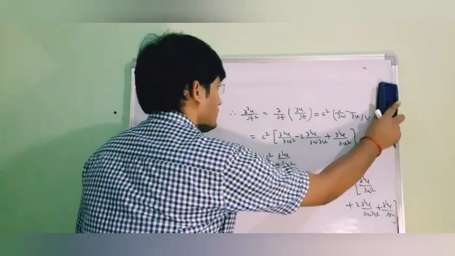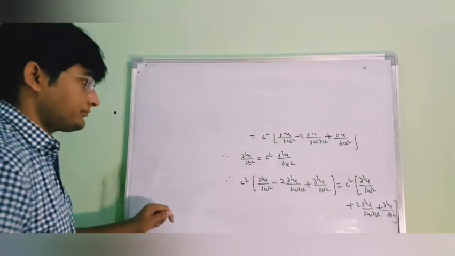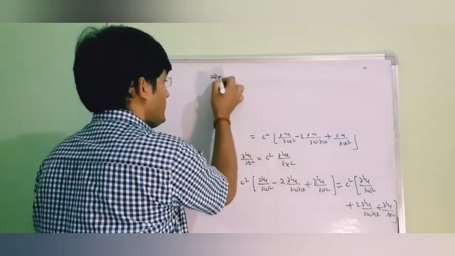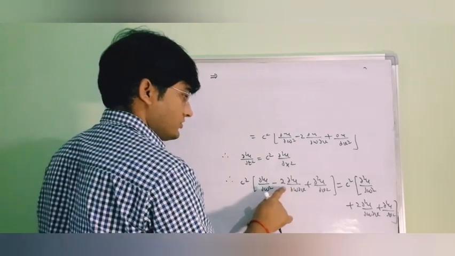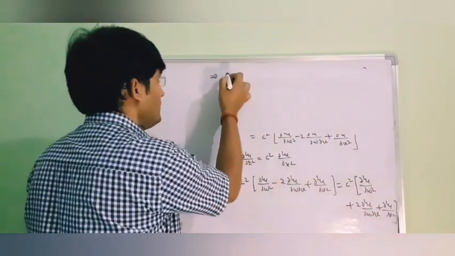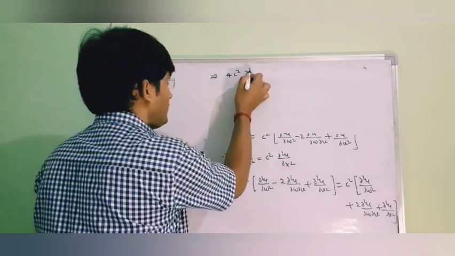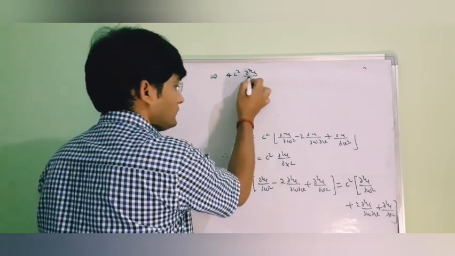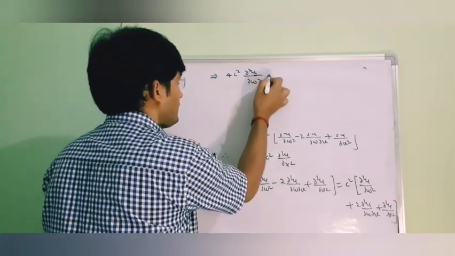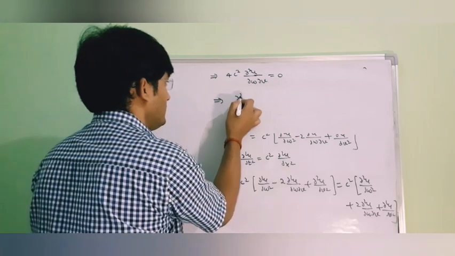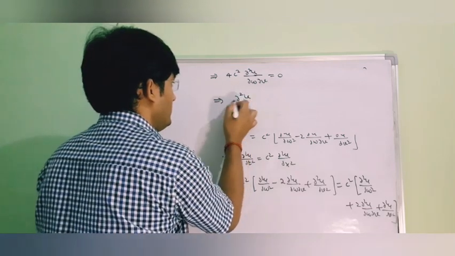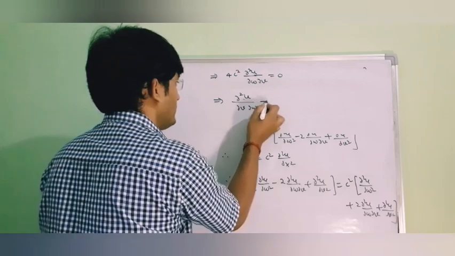So the second term will give you, now this is minus 2 if you take this to the right hand side, so we will have 4c² ∂²u/∂w∂v equal to 0. So c cannot be 0, that means ∂²u/∂v∂w equal to 0.